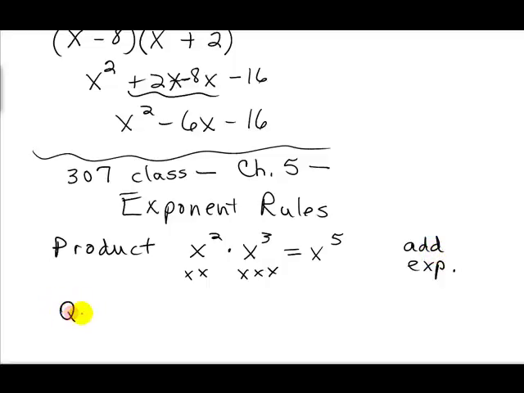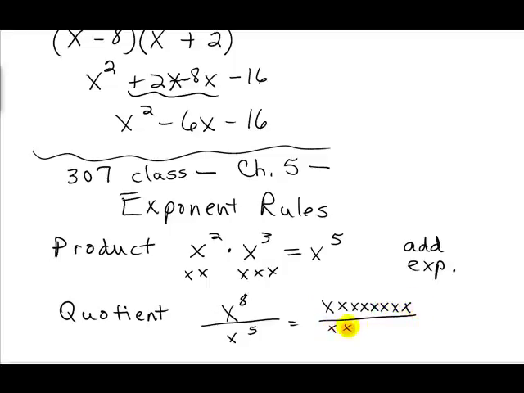We have the quotient rule, which, with quotients, we are dividing. So if I have x to the 8 over x to the 5th, I could do the expansion again: 1, 2, 3, 4, 5, 6, 7, 8, and 1, 2, 3, 4, 5.